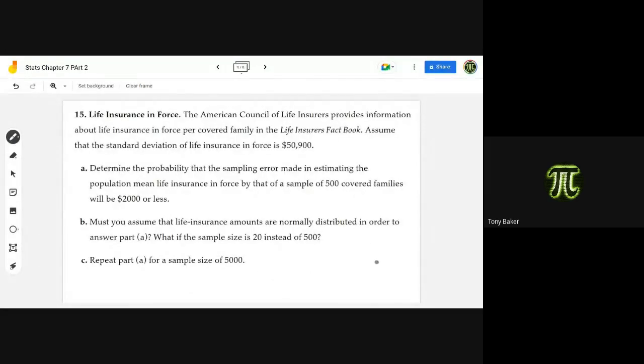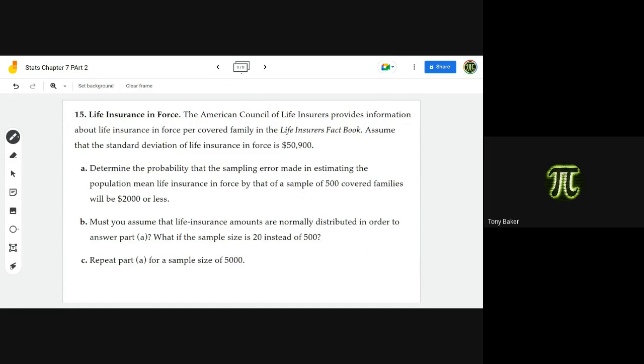Do you have to assume that they're normally distributed to do A? Okay, but can we make that assumption? Why? Because it's over 30. We're looking at 500. What if the sample size was 20? No, we can't do that.